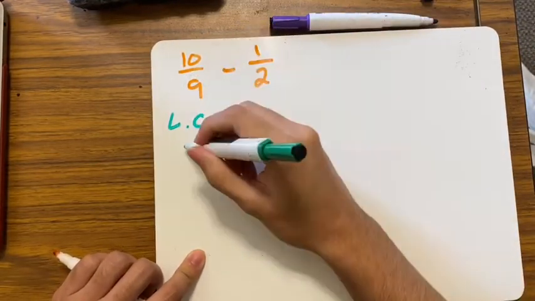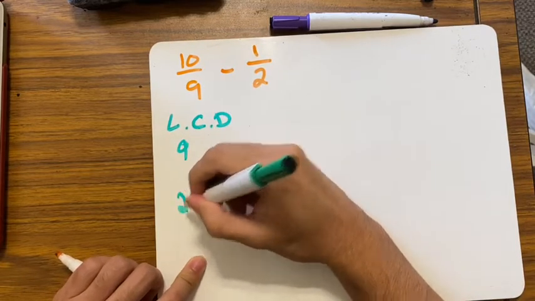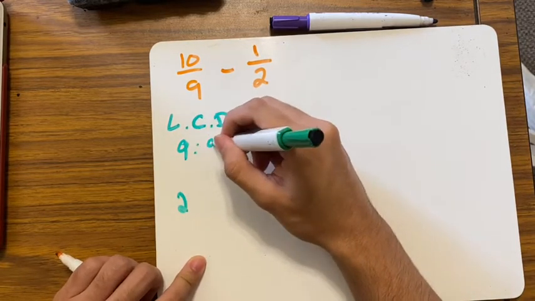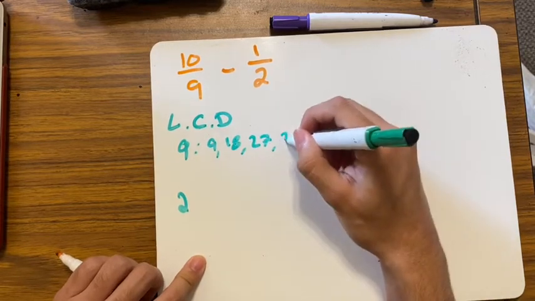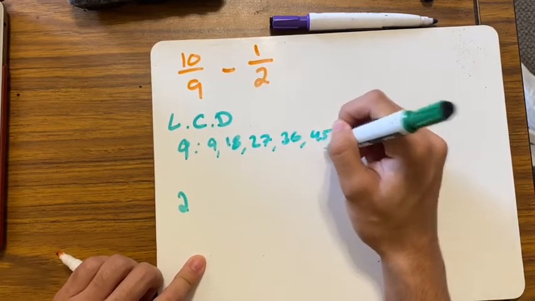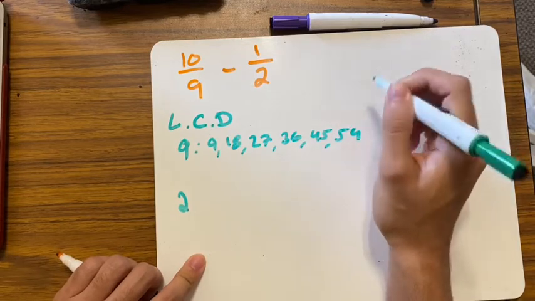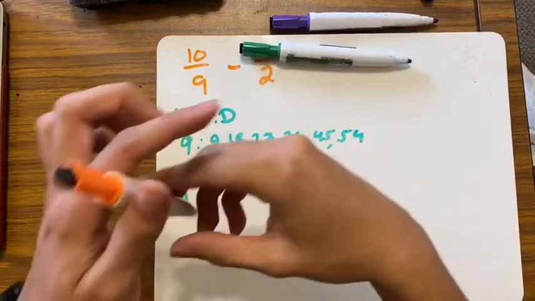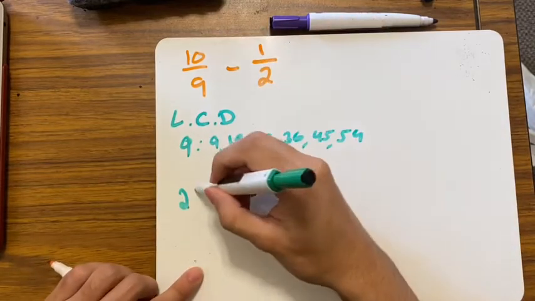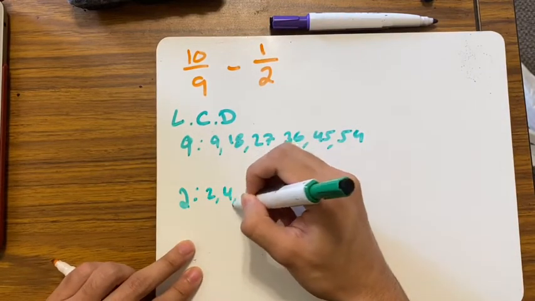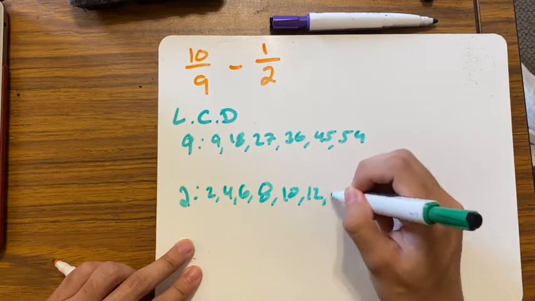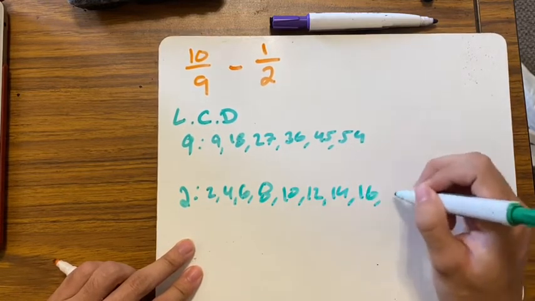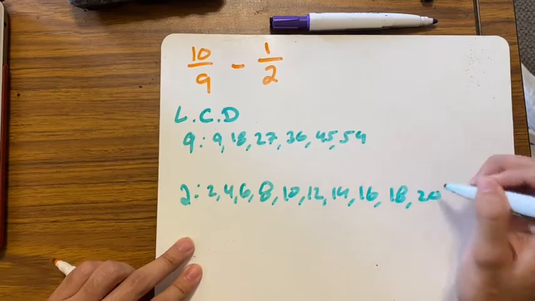I have 9. I have 2. So let's skip count. 9, 18, 27, 36, 45, 54. I'll stop right there. And then I have 2, 4, 6, 8, 10, 12, 14, 16, 18, 20, and I'll stop right there.